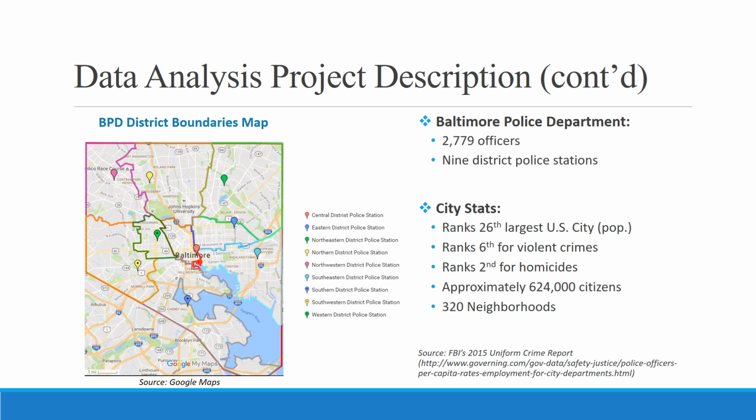The map shows a boundary of each of the districts, and the points on the map represent the locations of each district police station. The city of Baltimore is the 26th largest U.S. city in population, but it ranks number 6 for violent crimes and number 2 for homicides. It has approximately 624,000 citizens who live in 320 neighborhoods.